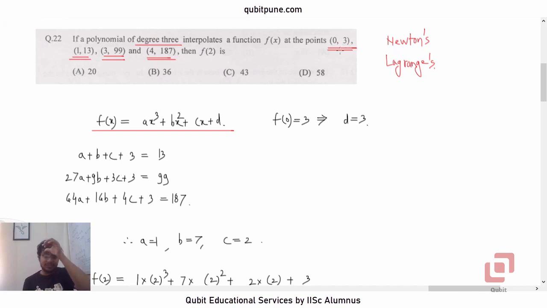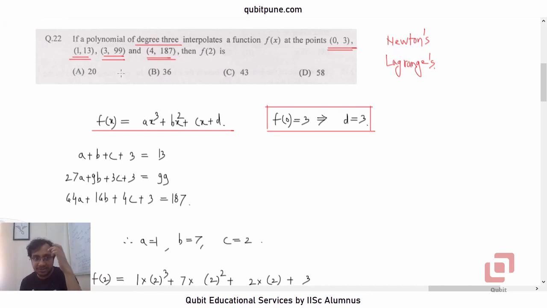At 0 it is 3, so that directly gives me the d value as 3. And now I can use the other 3 pairs to get a linear system of 3 equations and 3 unknowns. The unknowns are the same, a, b, c.